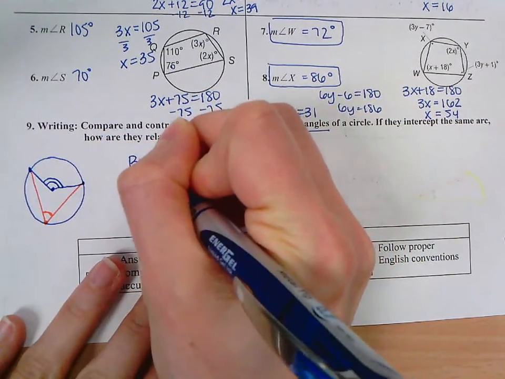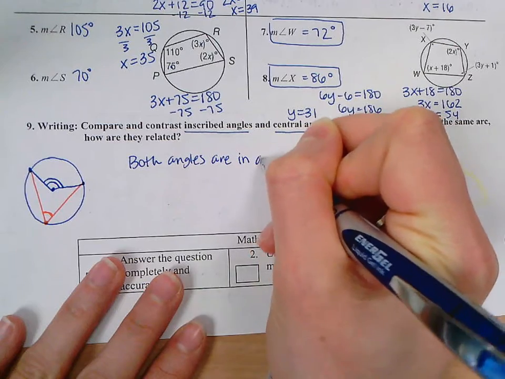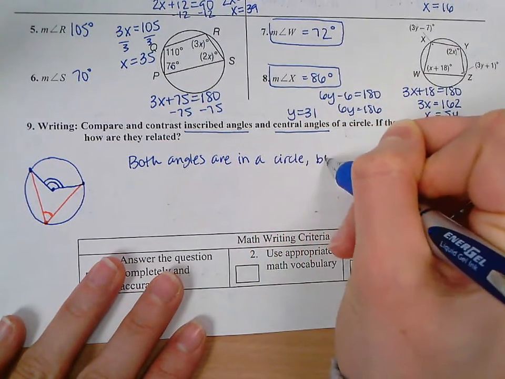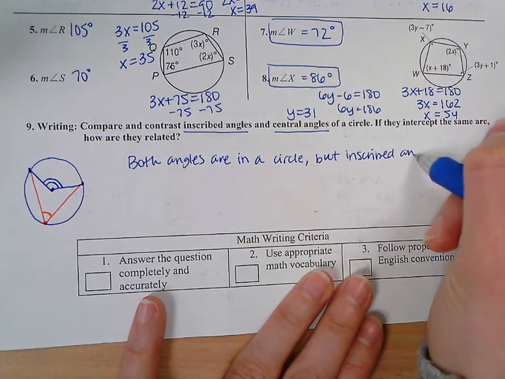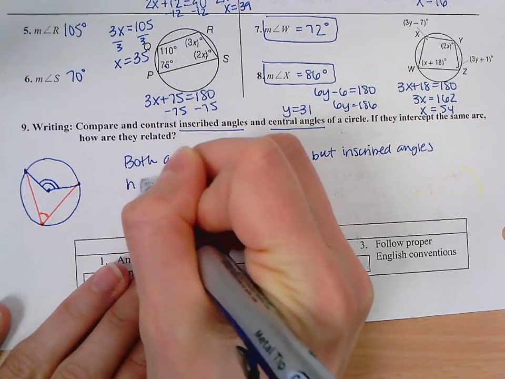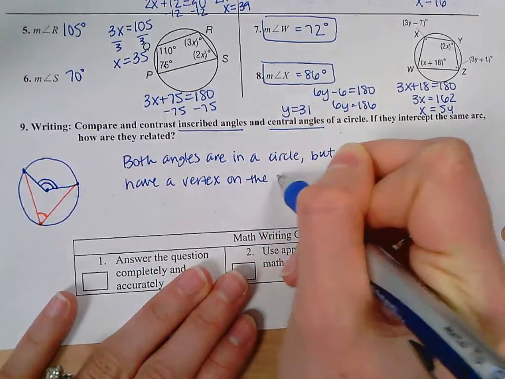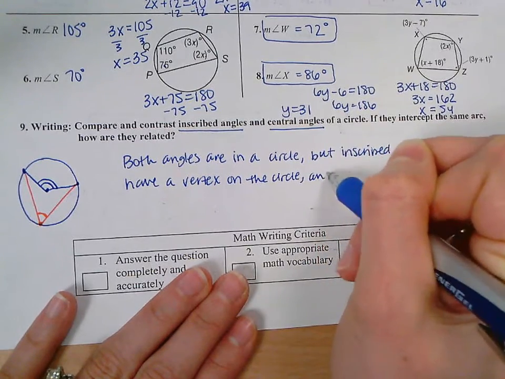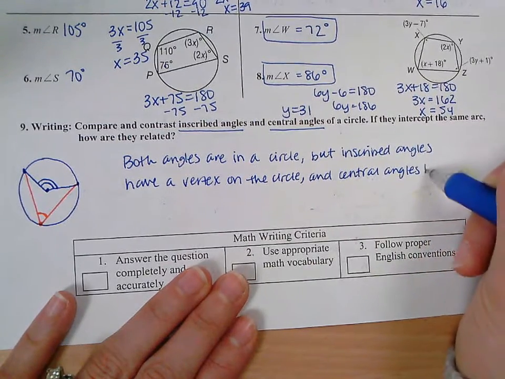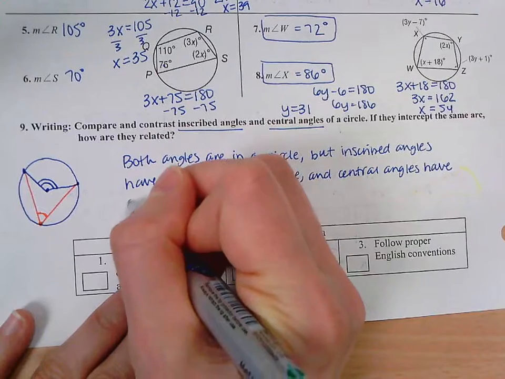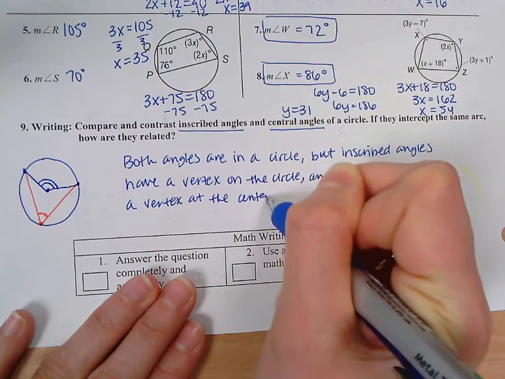So I'm going to say both angles are in a circle, but inscribed angles have a vertex on the circle and central angles have a vertex at the center of the circle.